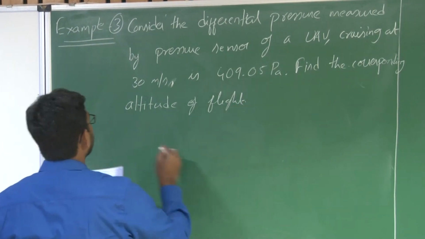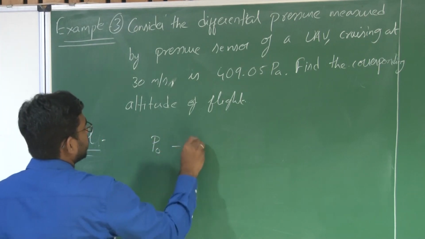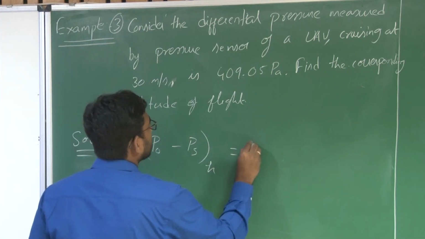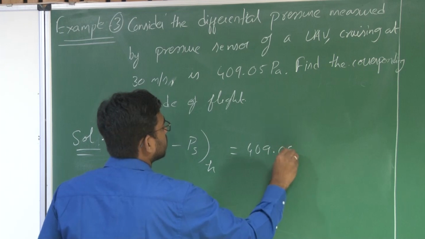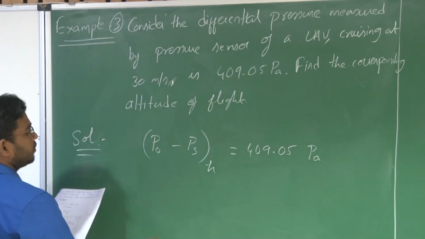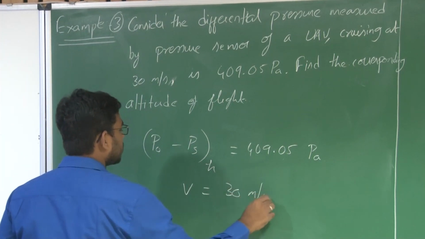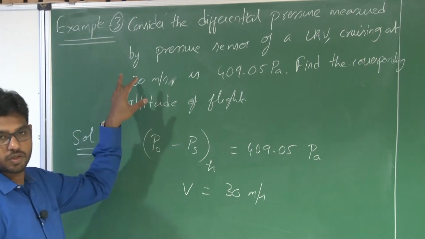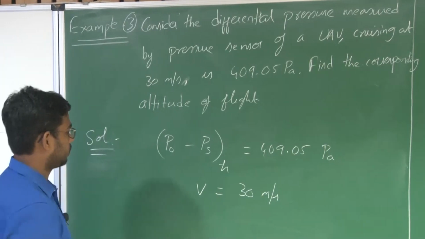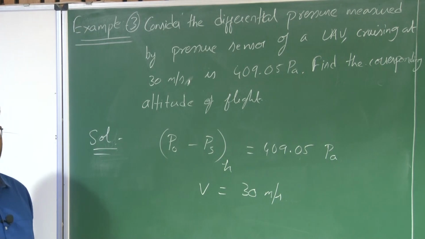So what we have here is P0 minus PS at a particular altitude h is 409.05 Pascal, and we know the corresponding velocity of flight is 30 meters per second. So by some means, some other instruments, you got to know the velocity of this flight, right? Now we have to find the corresponding altitude of this flight.